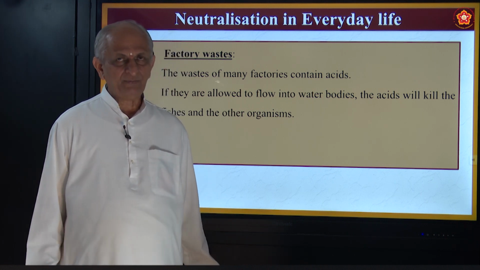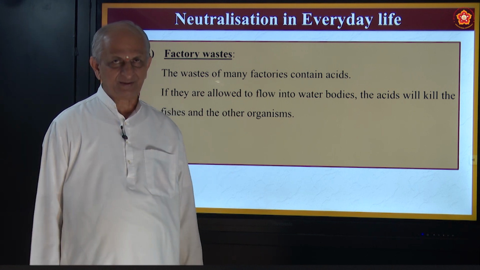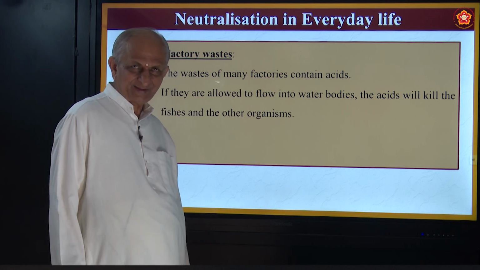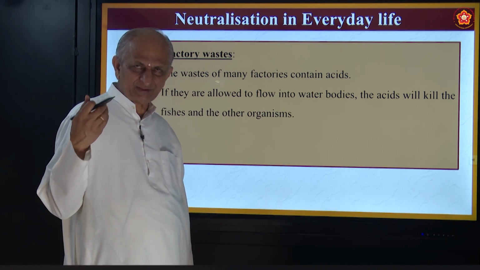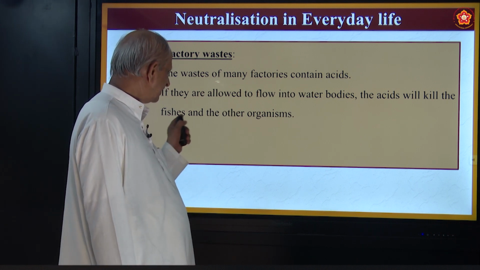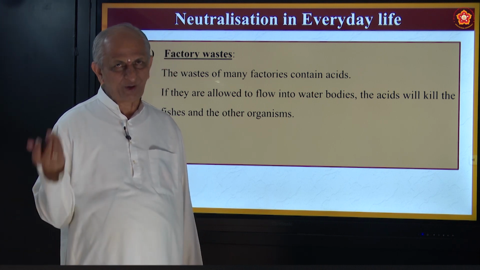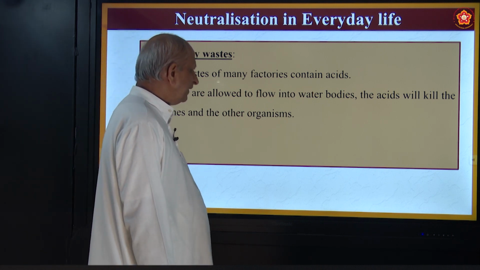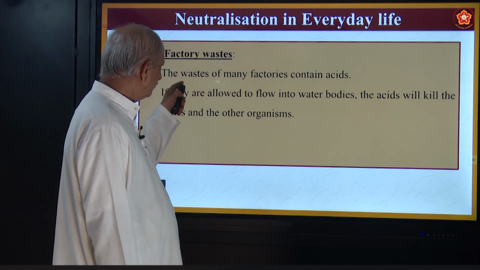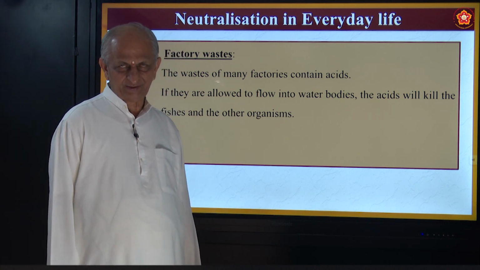All the waste is made to go into the river there. What happens to the river? The color of the river also changes. It kills a lot of germs, a lot of fishes and other organisms, frogs, fishes, crocodiles and so on. All will be killed or affected due to the factory waste driven into the water bodies.